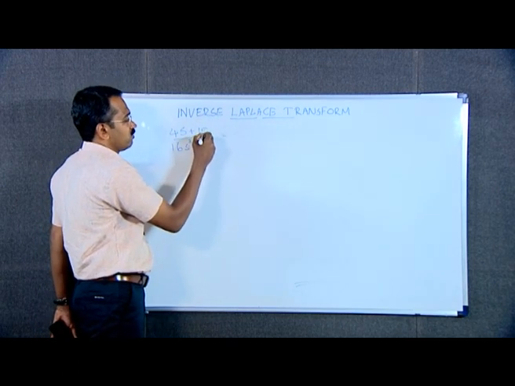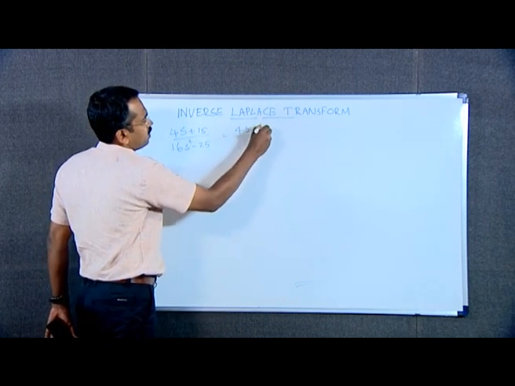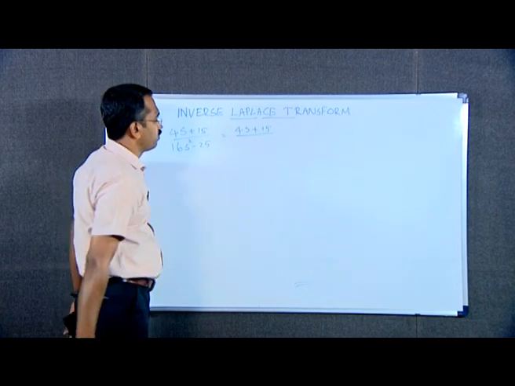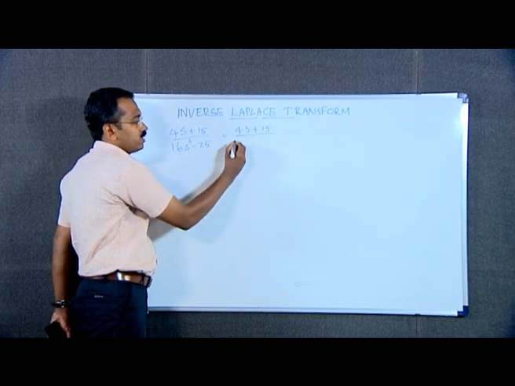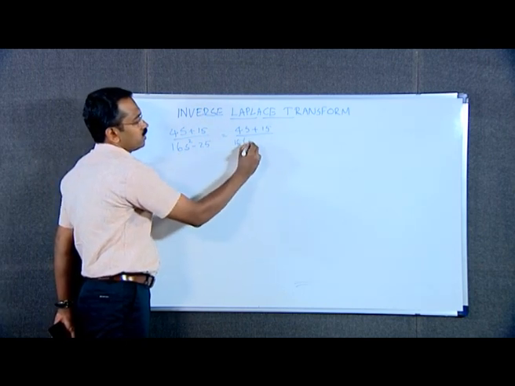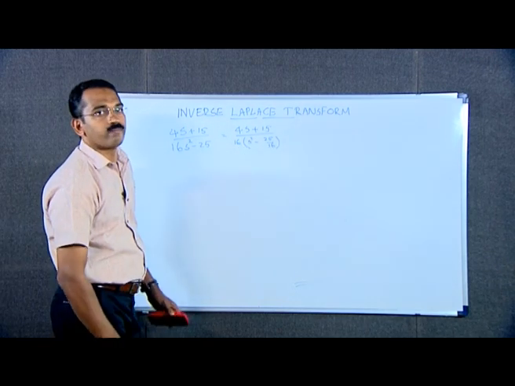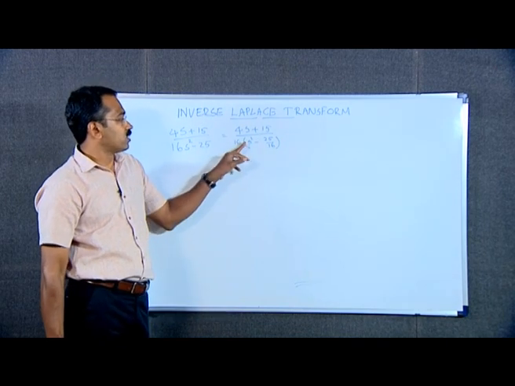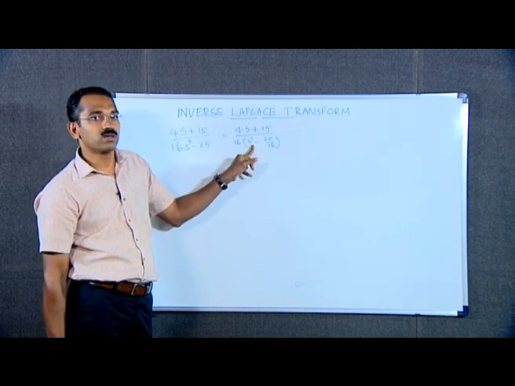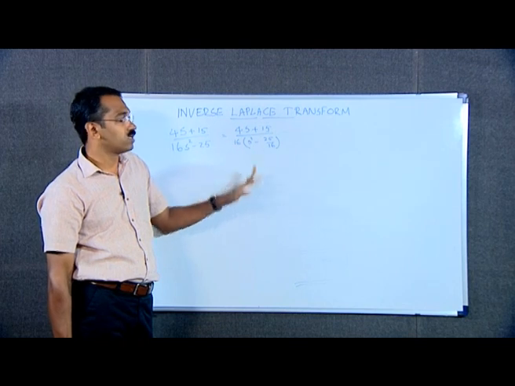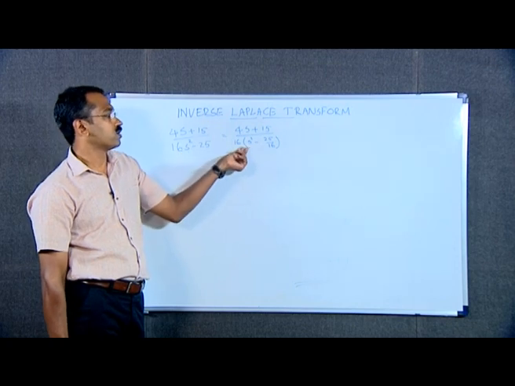We write the given function as 4s plus 15 all divided by, here we have to take 16 outside, 16 into s square minus 25 divided by 16, because in the standard results the coefficients of s square are 1 in all the standard forms.